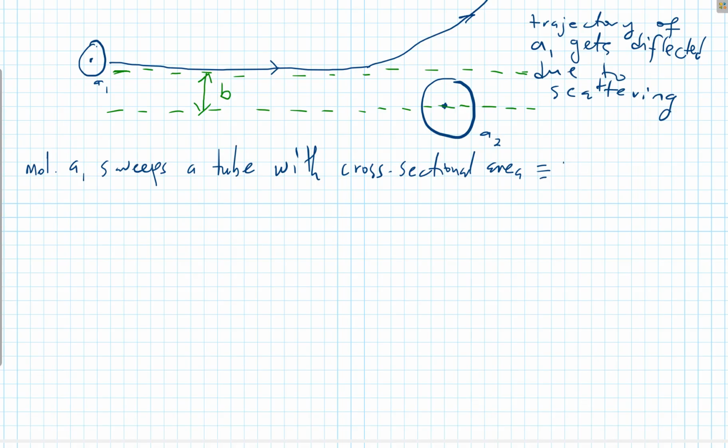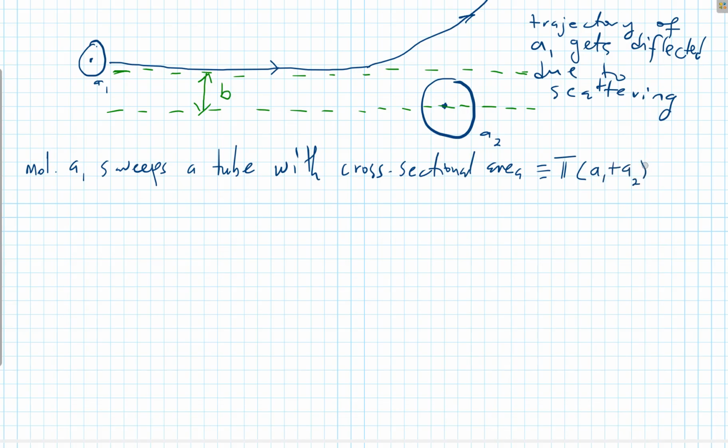okay, I'm going to explain this. It's going to be equal to pi r squared, where r is the radius of the tube, and the radius is going to be A1 plus A2.